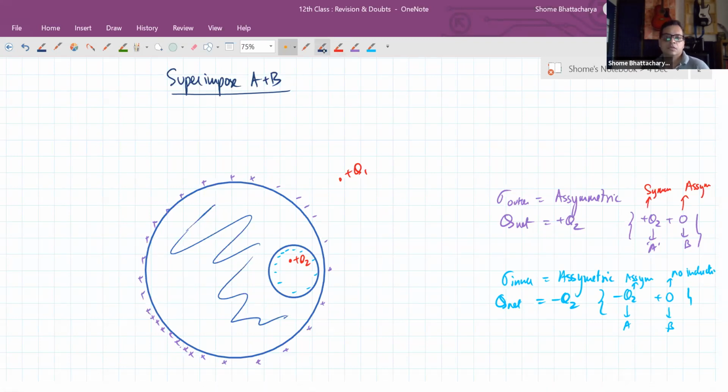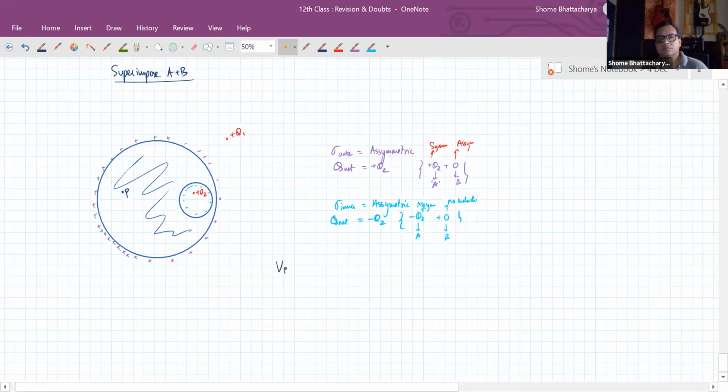Okay. So now you can see that the potential at any point is going to be the potential due to event A plus the potential due to event B. Or you can also write it as the potential due to the sigma on the outer surface plus the potential due to the sigma on the inner surface plus the potential due to the particle Q2 plus the potential due to the particle Q1.